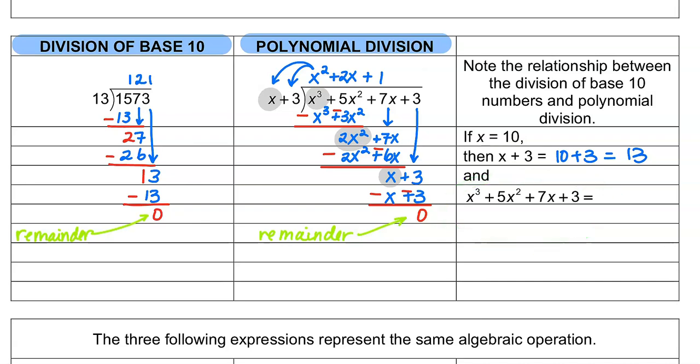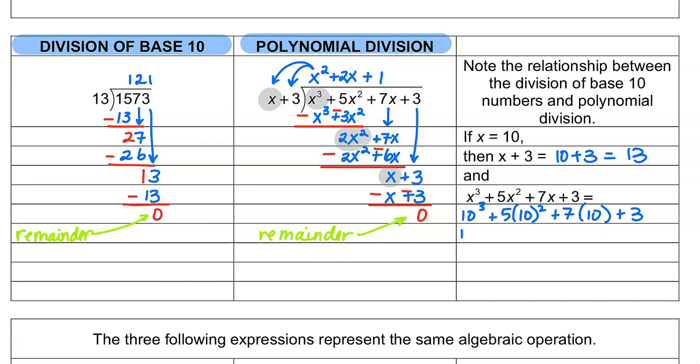x cubed plus 5x squared plus 7x plus 3. That's the dividend. That's what's underneath. If x equals 10, notice what happens here. This becomes 10 cubed plus 5 times 10 squared plus 7 times 10 plus 3.